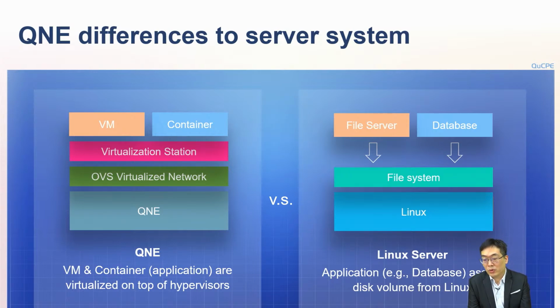It provides much more security and flexibility compared to the traditional Linux server, because in the traditional Linux server, we have to share the same kernel and the same file system, so we have to allocate the storage space and the CPU very carefully. But for QNE, it is much easier to deploy a third-party VM or VNF to your IT infrastructure.